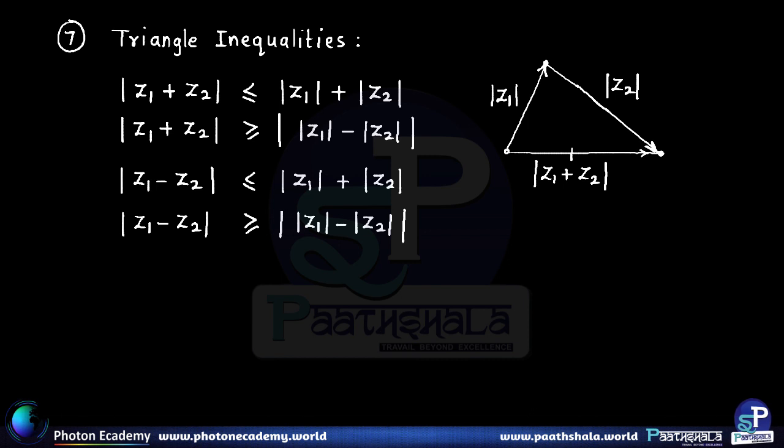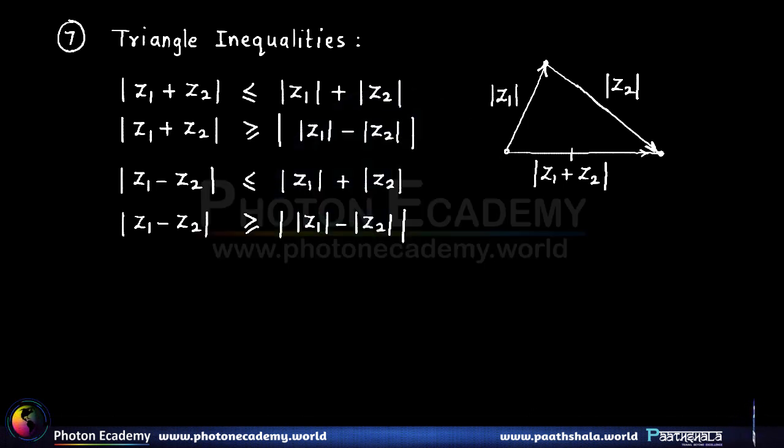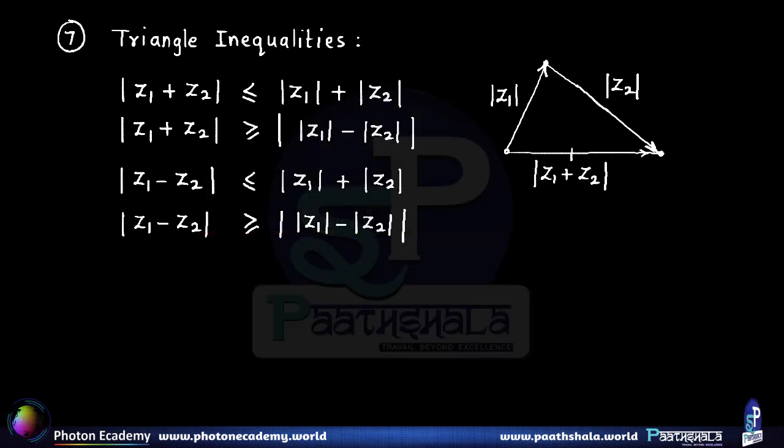Now, mod of z1 plus z2 is greater than or equal to mod of z1 minus mod of z2. Here also it follows from the vector addition or the triangle law that mod of z1 plus z2 is greater than this particular quantity on the right hand side.